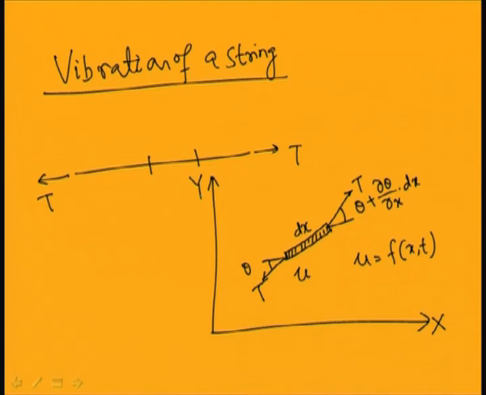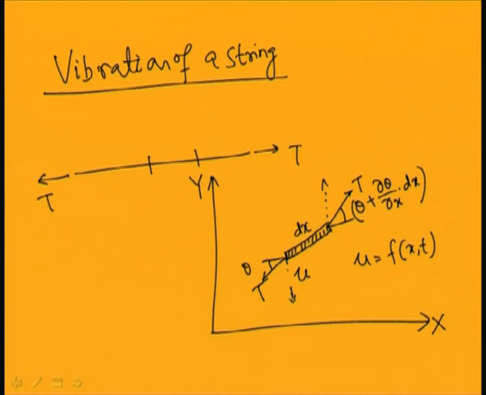I can write the equation of motion by equating the forces in the y direction, because in the x direction I can assume the forces are the same. In the y direction, the force on the right side has a component equal to T sine of the angle theta plus del theta by del x into dx, and on the left side it is T sine theta.